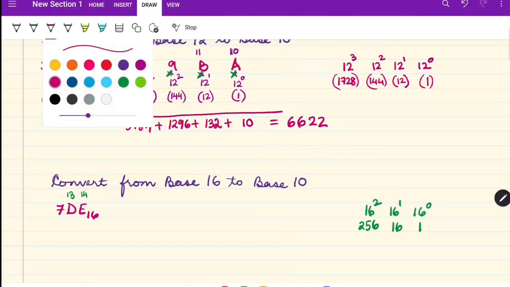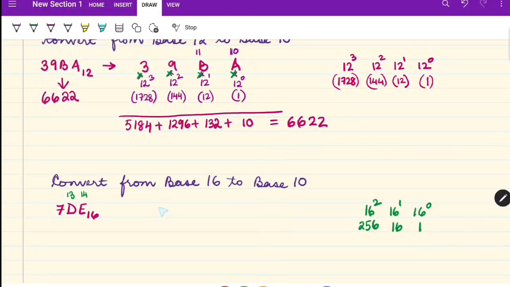So here we go. 7DE, correct? And you have to put that base 16 at the end. E has a value of 14. D has a value of 13. And 7 is 7.